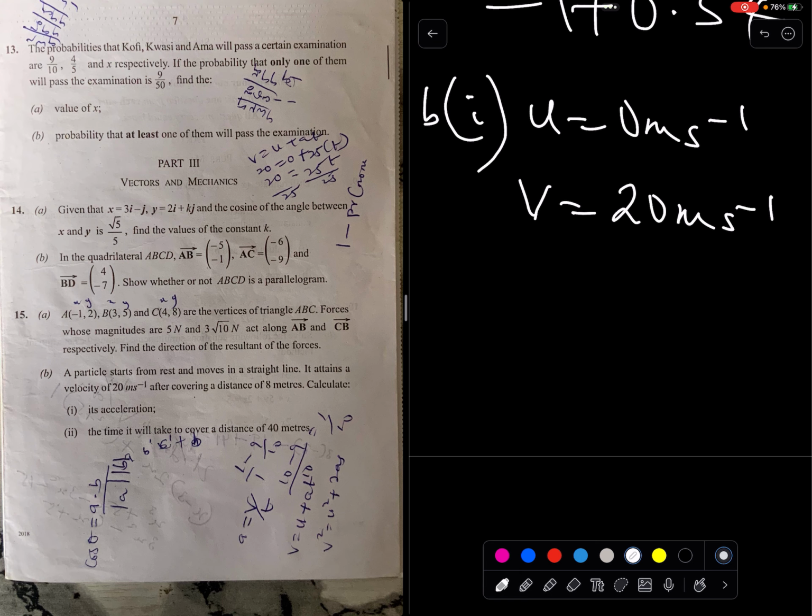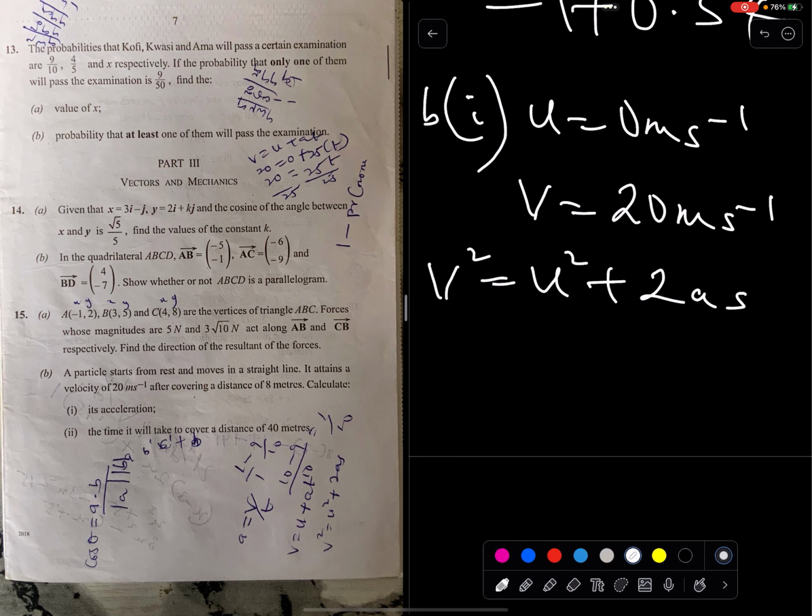Now, we want to find acceleration. This is a formula which relates final velocity, initial velocity, acceleration and distance: v squared equals u squared plus 2as.